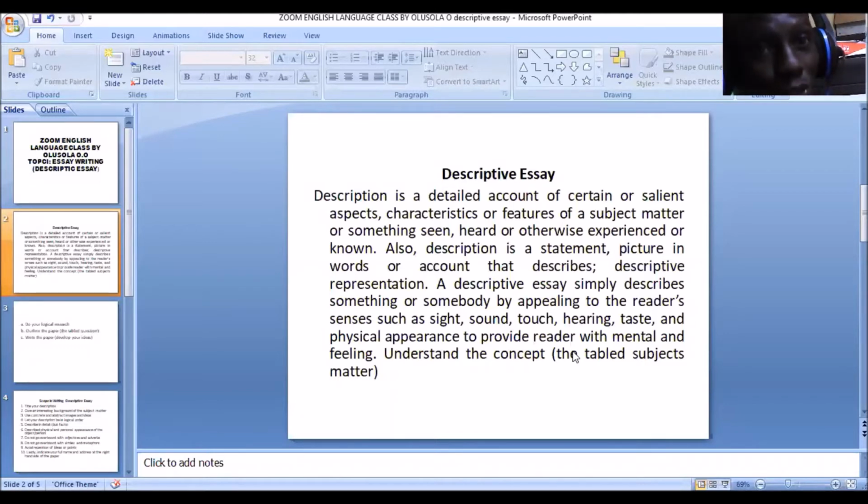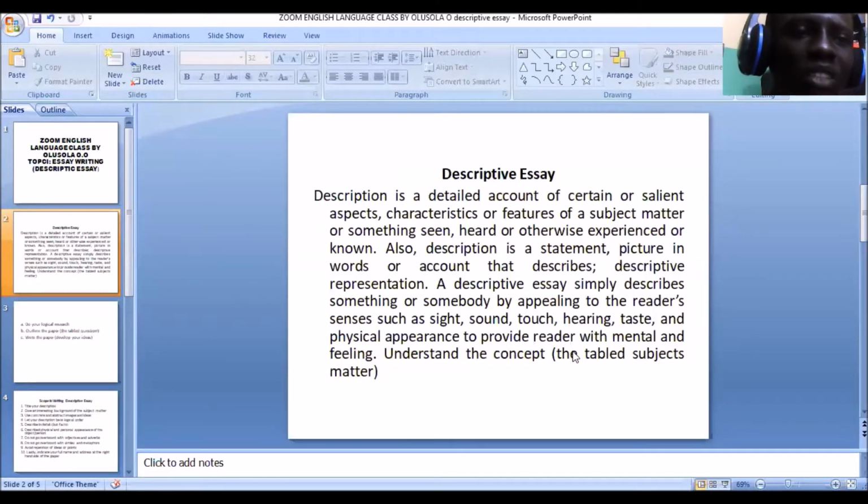And to describe very well, a candidate must have good knowledge of the question before him or her. And when I talk about the question, that is the subject matter that the candidate is asked to write on.